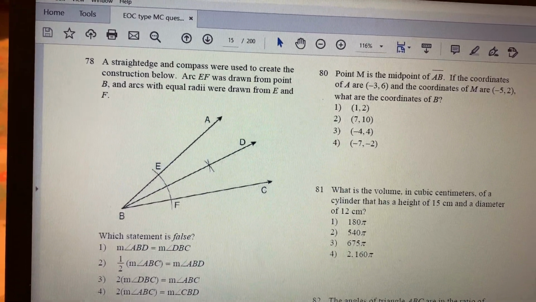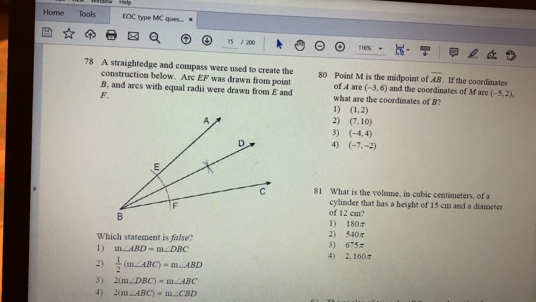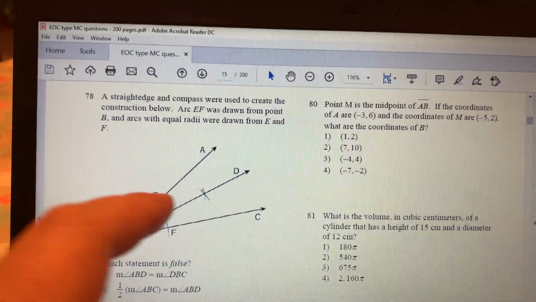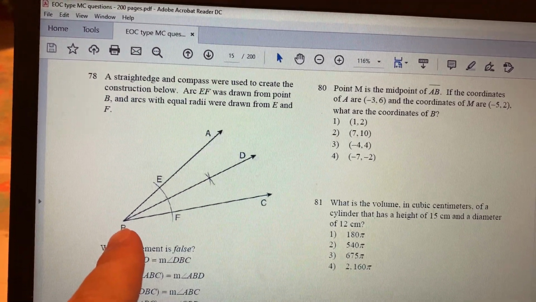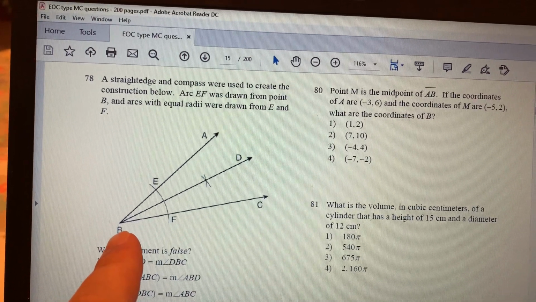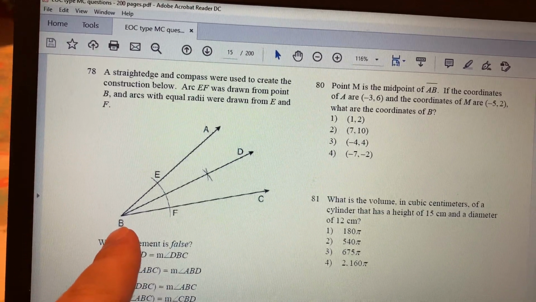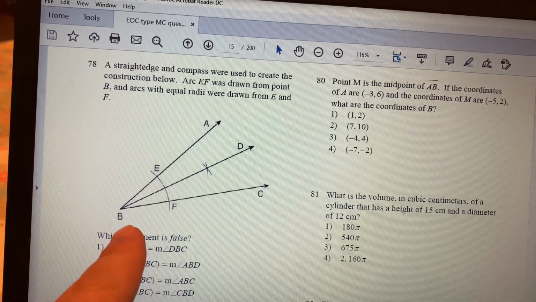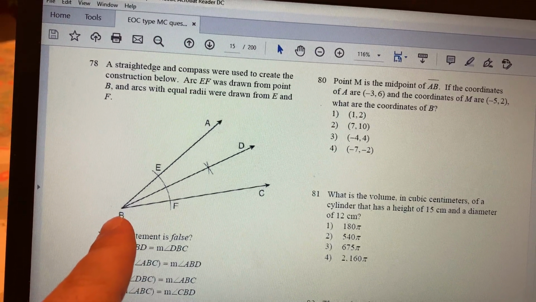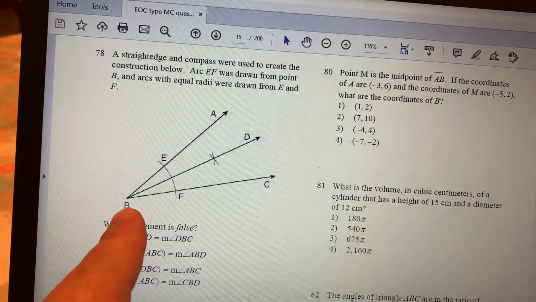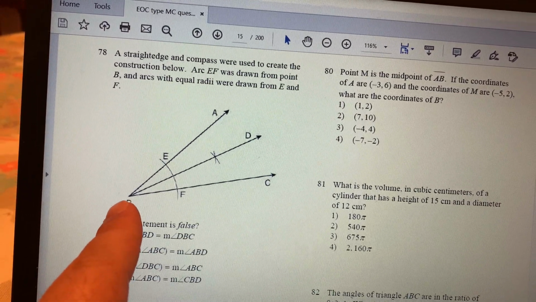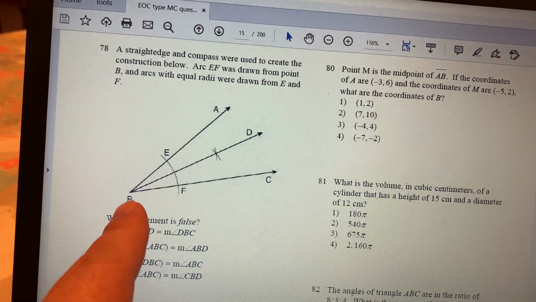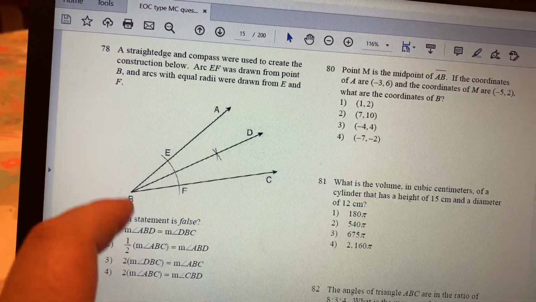Arc EF was drawn from point B. So again, we would put the midpoint of the compass. So if y'all remember what a compass is, I don't have one here with me. It's an instrument where you have a point that we would place on point B. It's actually a sharp thing to kind of hold it.